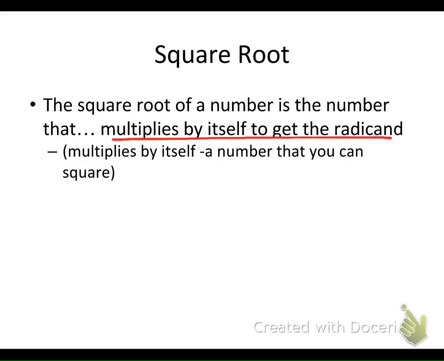Now, when I say multiplies by itself to get the radicand, that's a new term. We haven't talked about radicands before. So when you have a square root, I would recommend putting this up in the upper right-hand corner of your paper. This sign here is our square root sign.